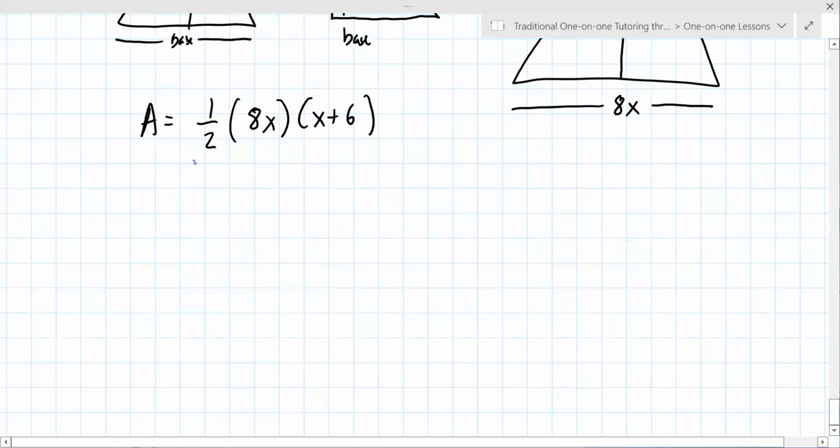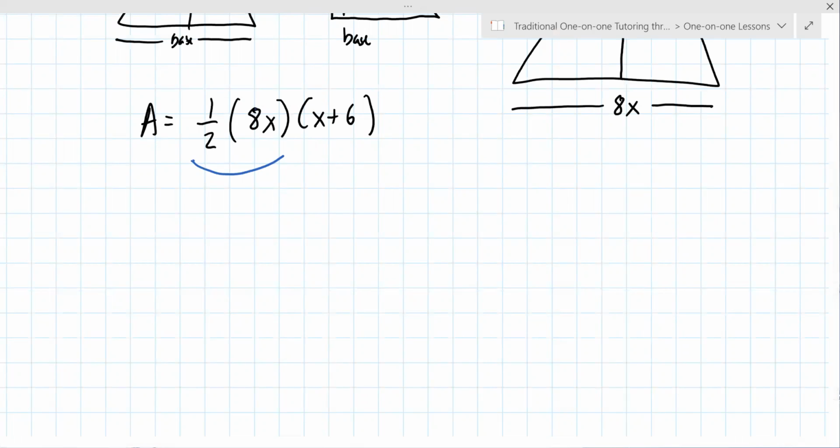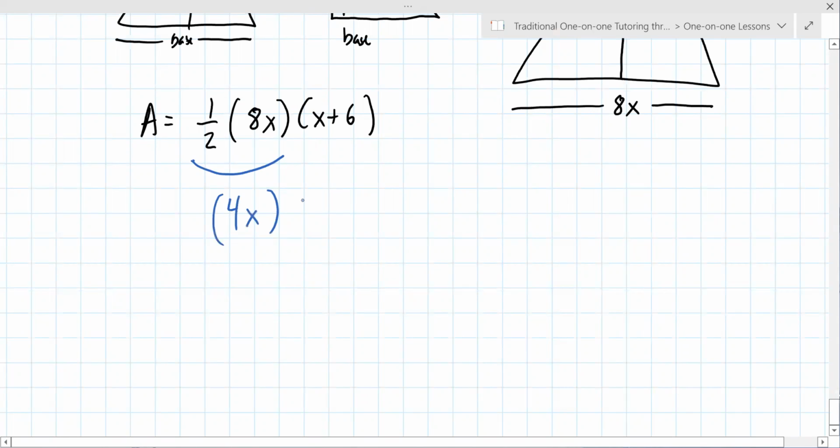So you start with the 1/2 on the left here. What is 1/2 times 8x, or what is 1/2 of 8x? 4x. Good. And then you've got this x plus 6. Now, all this means is you're going to take this 4x and multiply it by x, and 4x times the 6.